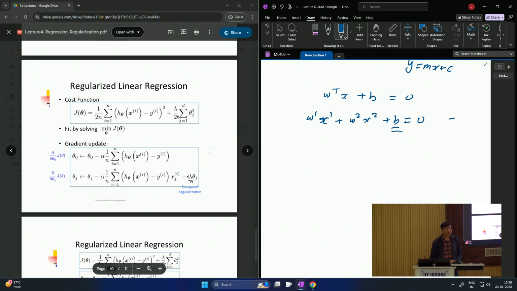The question he was asking is, what does this B signify here? The B in the general form of the hyperplane equation is the distance you are away from the origin going along the normal to the hyperplane. What it means is that now there are no axes, right? In 2 dimensions, you have axes. In n dimensions, how many axes will you draw? You can't even visualize beyond 3 axes.